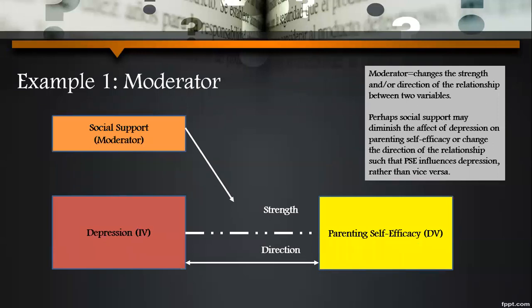Perhaps social support may diminish the effect of depression on parenting self-efficacy, or change the direction of the relationship such that parenting self-efficacy influences depression rather than depression influencing parenting self-efficacy. When we add social support into the mix, the strength of the relationship could change.